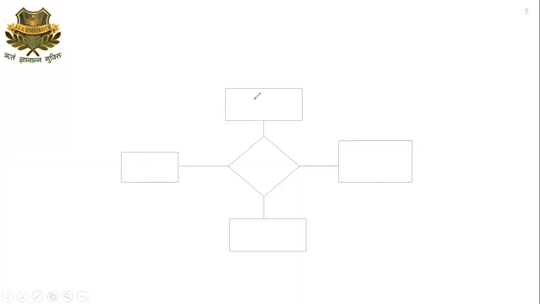You can write A over here, right? This is A, this is B, this is C, and this is D. So there are four entities linked: A, B, C, D. The attributes of A are A1 to AN, and A1 is the key attribute.